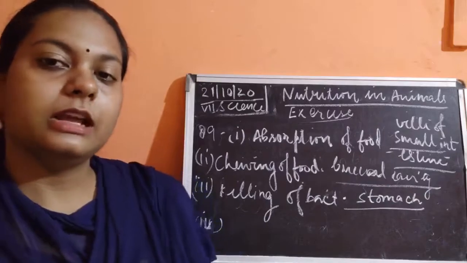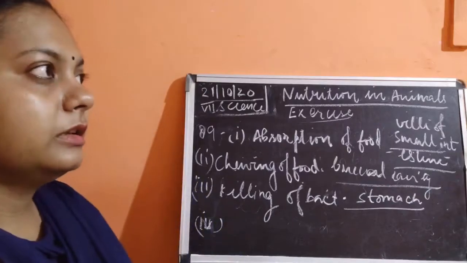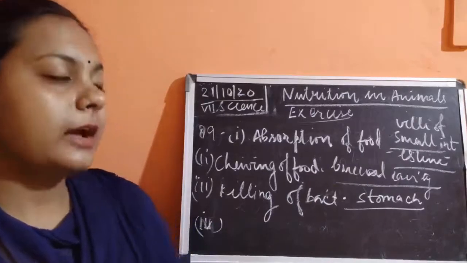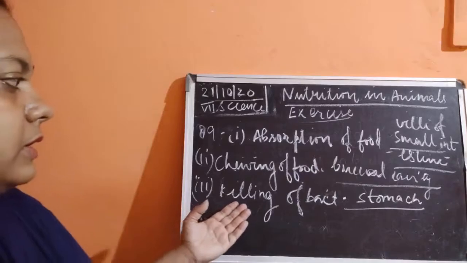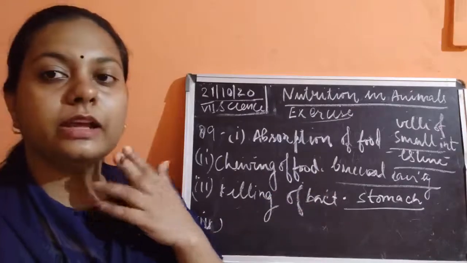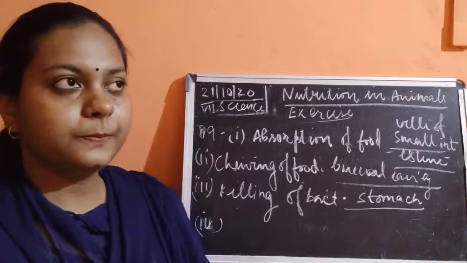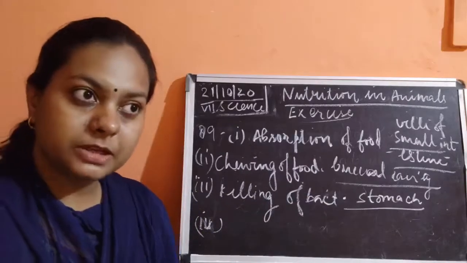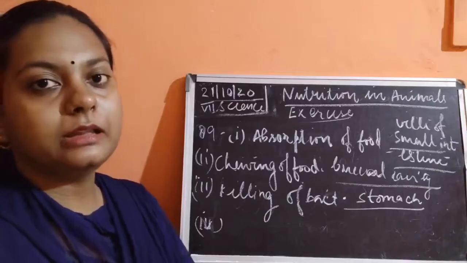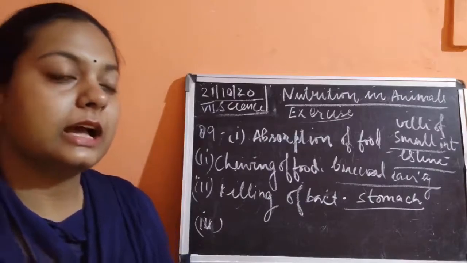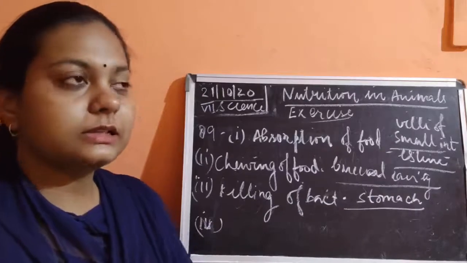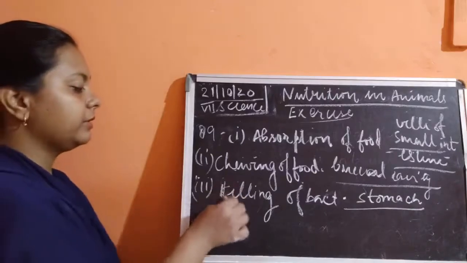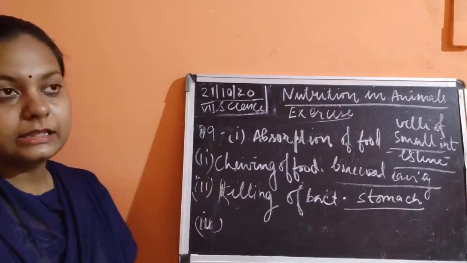So what happens when we eat that food? The stomach is the organ where it goes first. There HCl is present. The stomach wall secretes this strong acidic solution, which helps in the killing of bacteria because of its acidic nature.